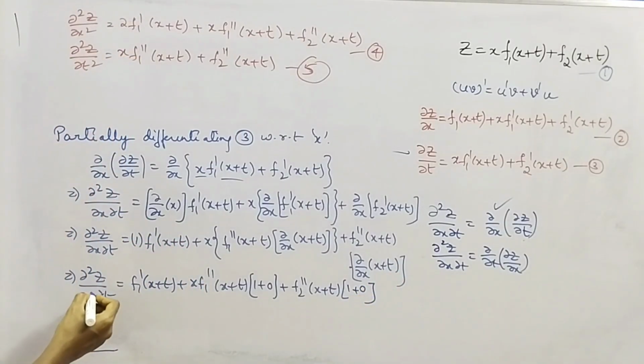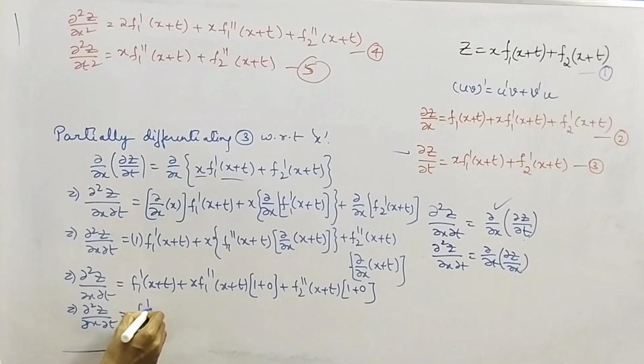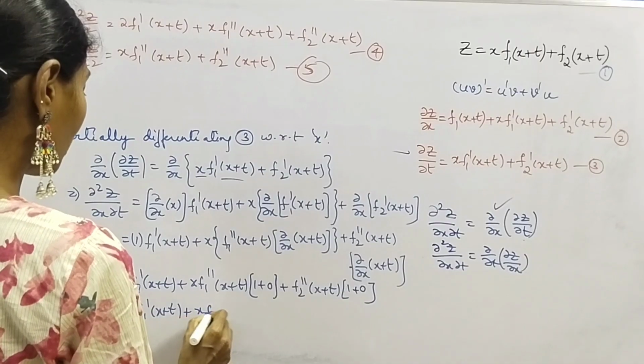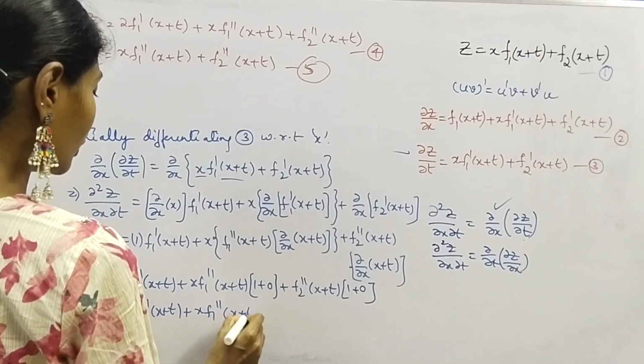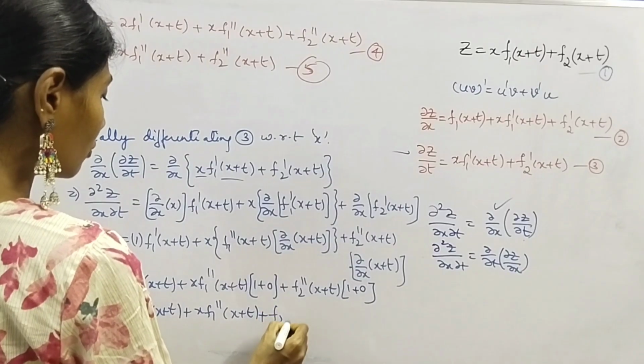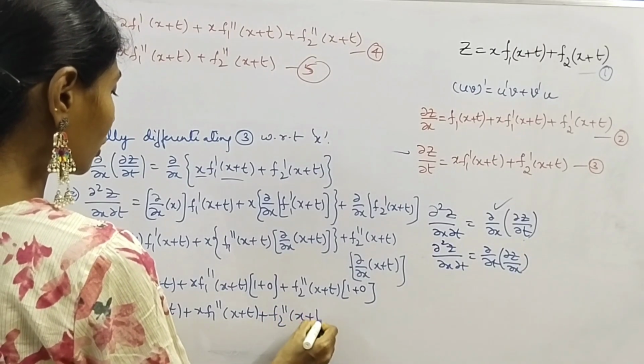This gives us ∂²z/∂x∂t equal to f1 prime of x plus t, plus 1 plus 0 is 1, 1 into x f1 double prime is x f1 double prime, plus 1 plus 0 is 1, 1 into f2 double prime is f2 double prime, right?